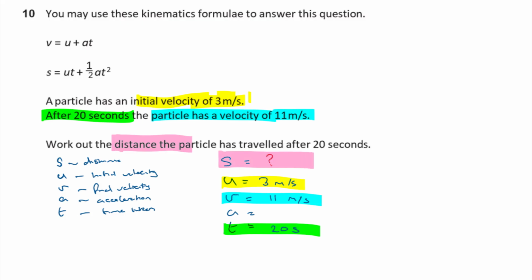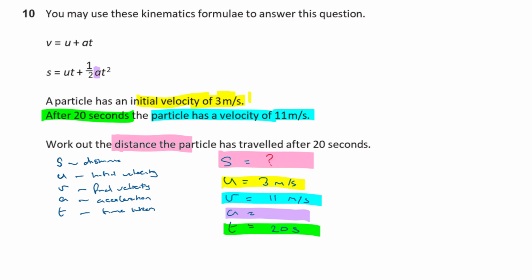What about a? Don't really care about a. It doesn't ask about a. But it's a slight problem in that both those formulas have got an a in them. So how can I work out distance? Both formulas feature a, and I haven't been given a. So what we need to do is calculate what a is first, and then we can use the s formula for finding distance.